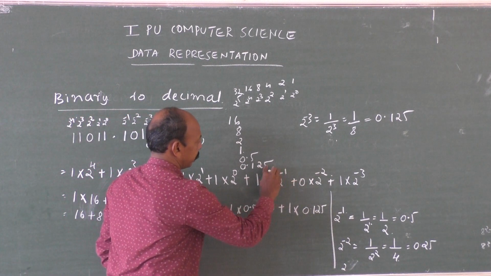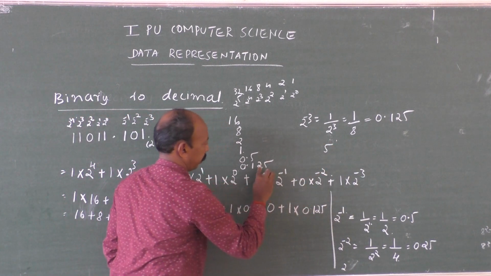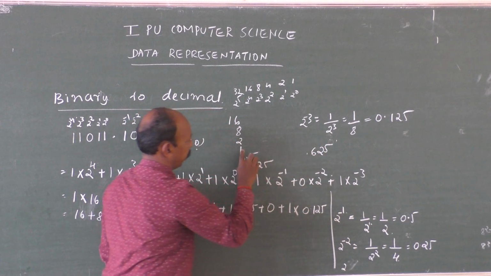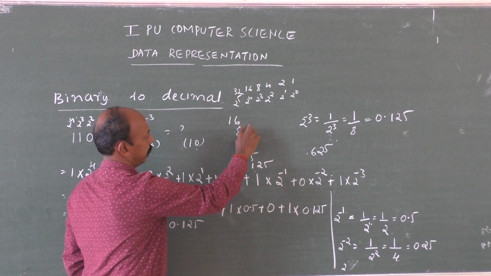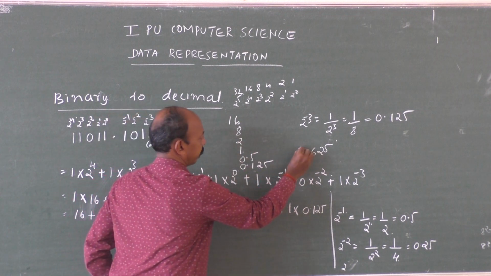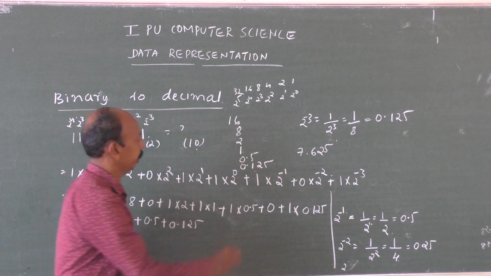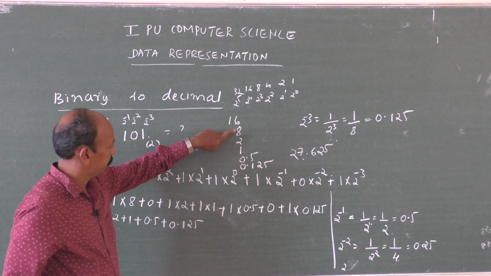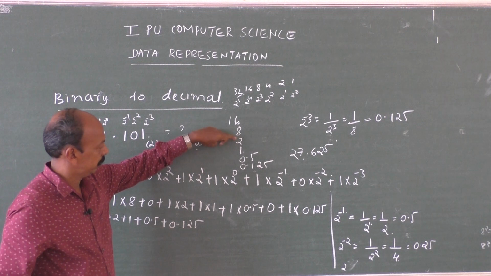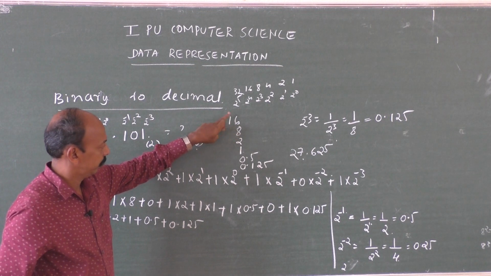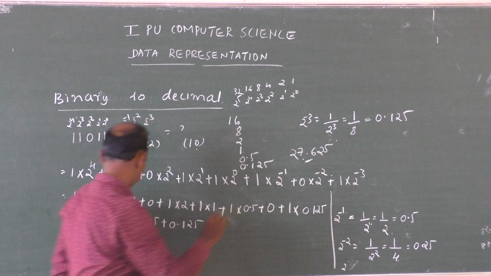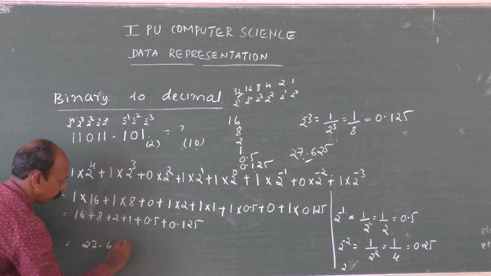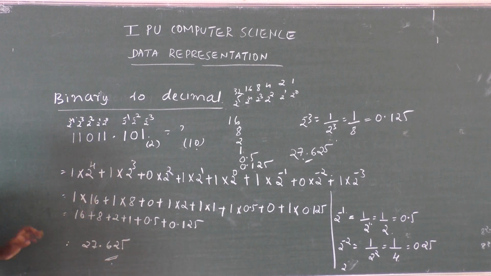What happens in this case? 5 here, 2 here, 5, 1, 6, 1, 3, 10, 16, 17, 1 ahead, 27. Is it right? Yeah, right. That is 27.625. Just cross verify this once.